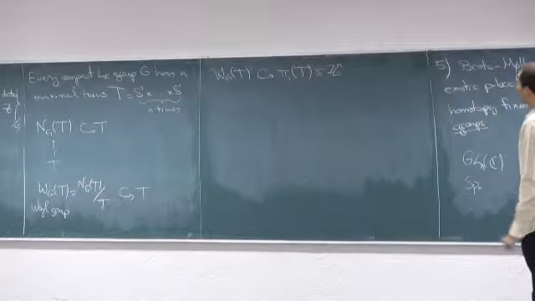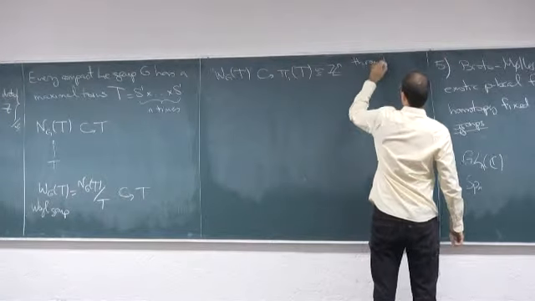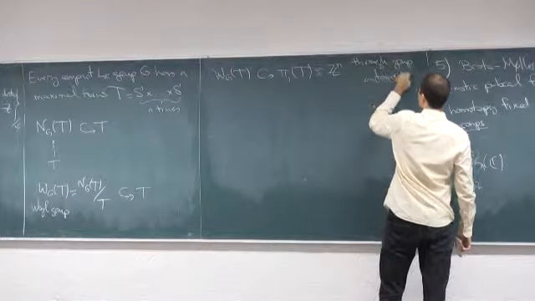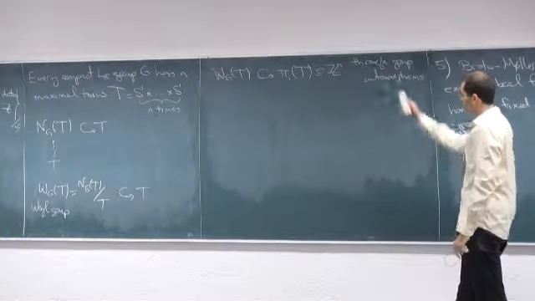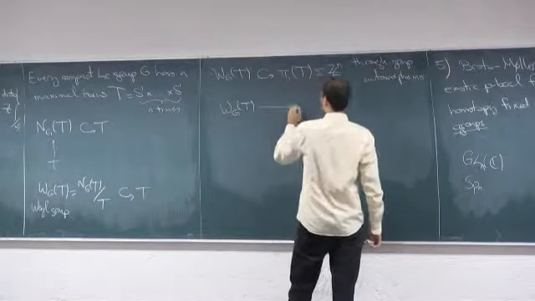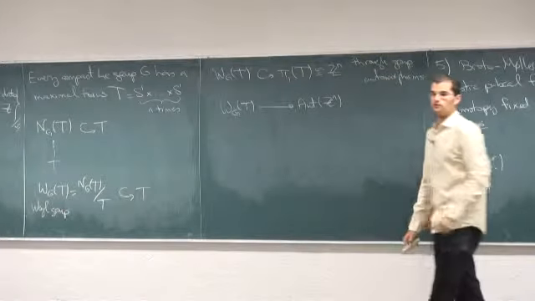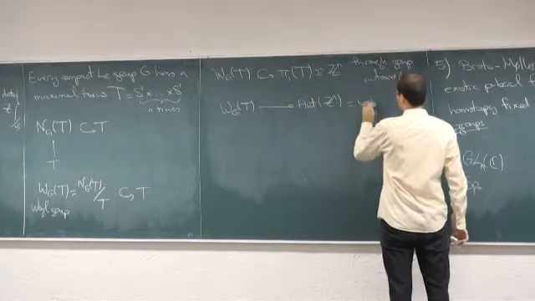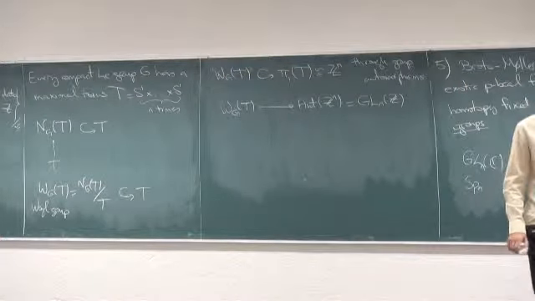And this is an action through group automorphisms. So we can also think of that as a map from this group into the group of automorphisms of Z^n, and this is usually denoted by GL_n of Z. Okay?